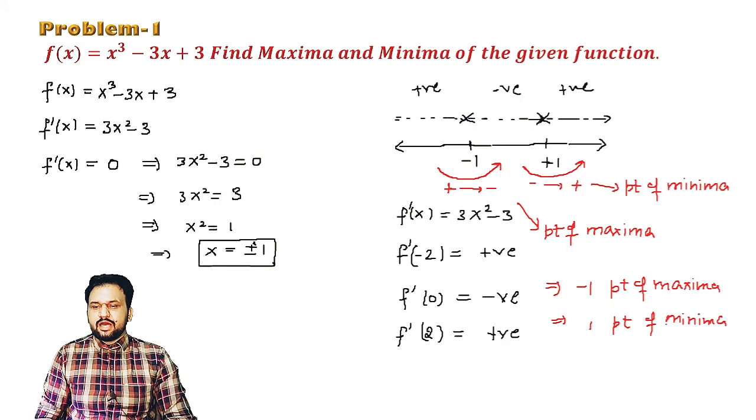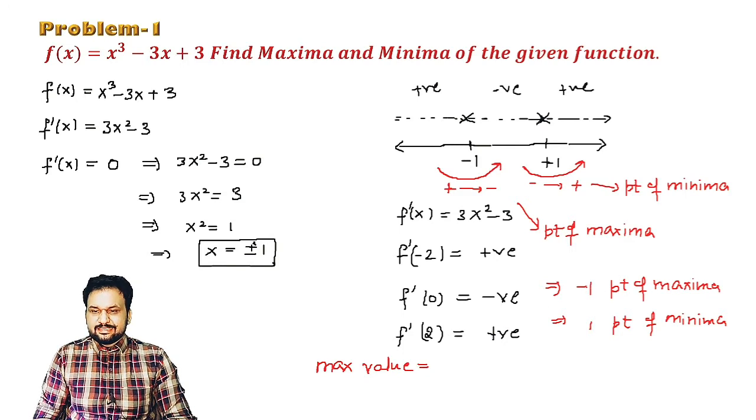Clear? Also they can ask you to calculate the maximum value or minimum value. So in order to calculate the maximum value of the function, first of all you need to take care at which point the function is giving a maximum value. I can see that at -1 it is giving a maximum value, so I will check the function's value at -1. What was the function? The function was x³ - 3x + 3.